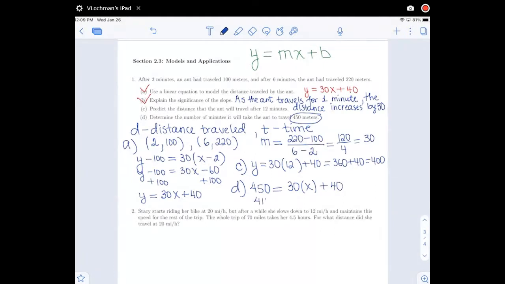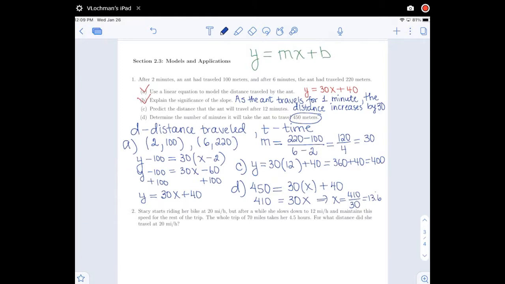That's going to be 360 equals 30x. Here, x is equal to 360 divided by 30. Okay, that's in time, so that's in minutes. That's our time. The answer in part C, that's 400 meters.